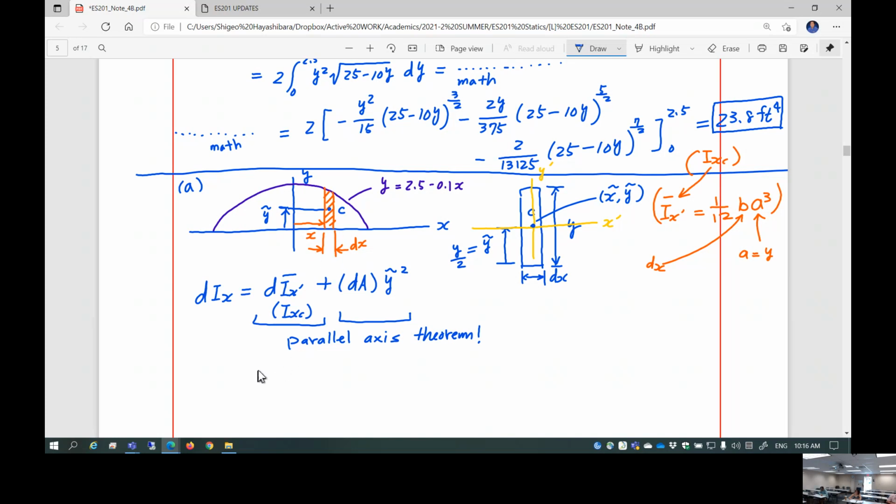So if you want to move on, dIx is equal to, of course, 1 over 12 b a cubed, with b being dx and a being y. That's the local moment of inertia at the centroid of this small tiny strip, plus dA, which is y times dx, multiplied by this offset distance y tilde, which is half of y, y over 2, squared.